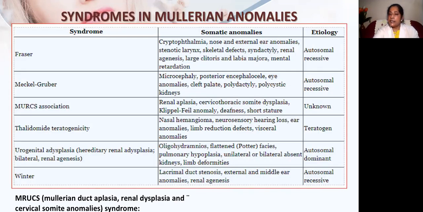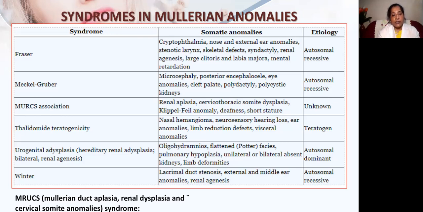These are various syndromes associated with genetic disorders which are related to Mullerian anomalies. Mullerian duct aplasia, renal dysplasia, and cervical somite anomalies, MURCS syndrome, is a condition of unknown etiology. Then thalidomide teratogenicity also causes many changes.